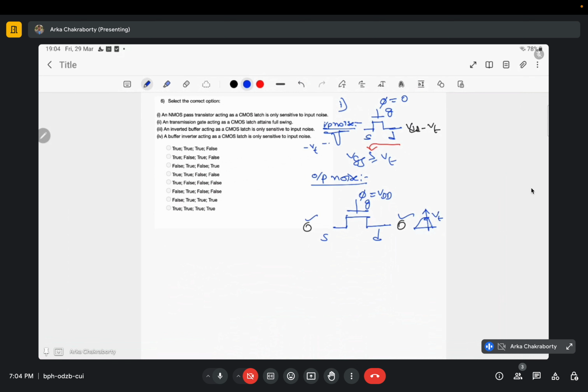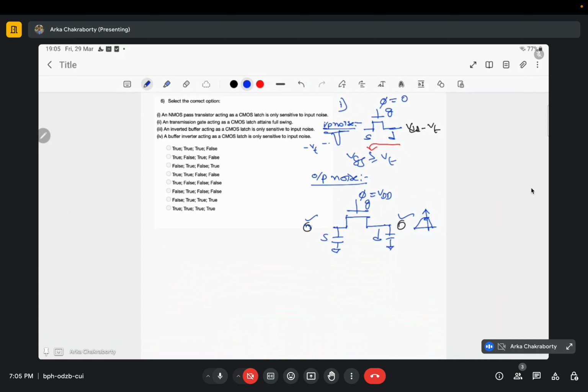My VGS is already greater than VT, VGS minus VT is already greater than 0, and my VDS also becomes positive, right? So there will be charge sharing between these two capacitors, and I will be getting a voltage here. Even if it is not greater than or equal to VT, even if it is some voltage less than VT, still there could be charge sharing. There will be charge sharing, and some voltage will be developed at the input.